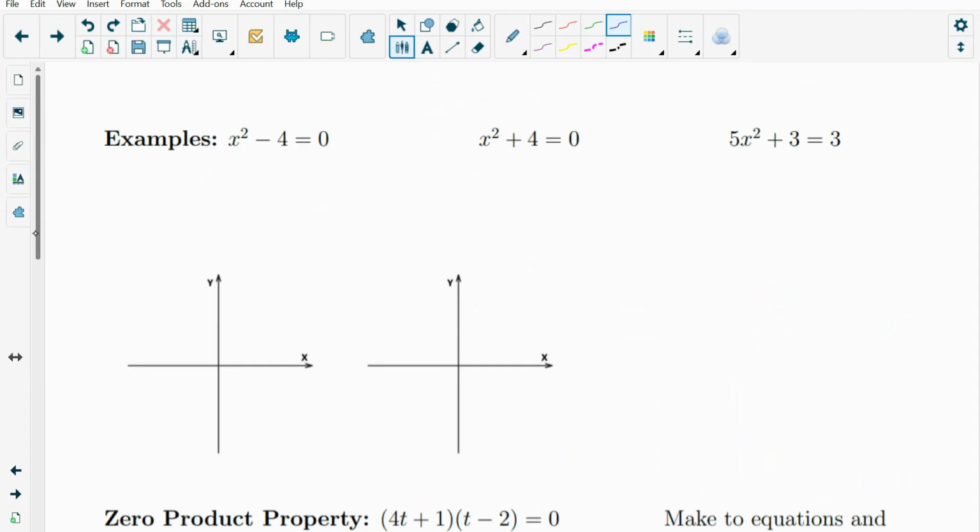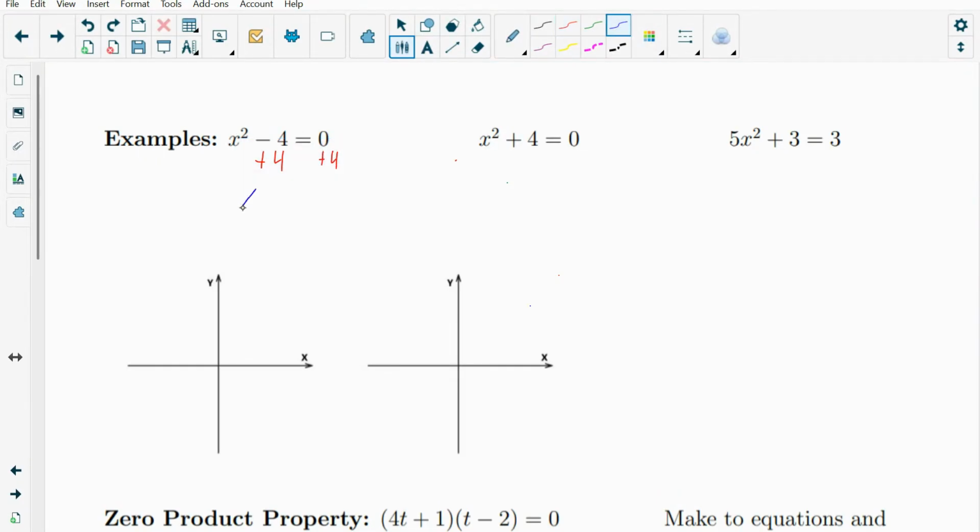On to page number 2, we have a couple of examples. In my first example, I have x squared minus 4 equals 0. First thing I want to do is isolate my x squared. So I am going to add 4 to both sides.